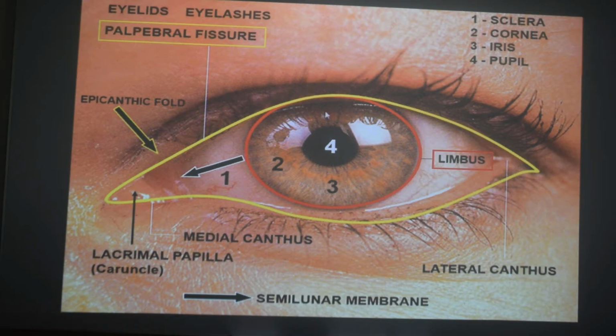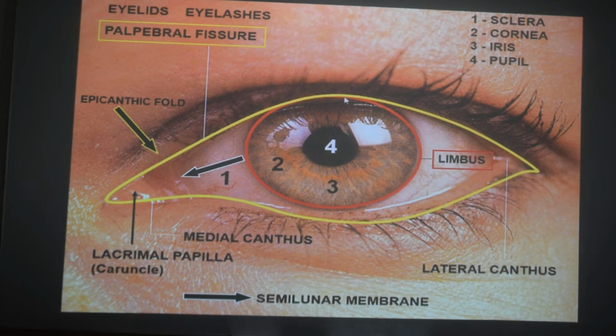Then you have an upper eyelid and you have a lower eyelid, and where these lids are joining on the medial side, it's called the medial canthus, and where the lids are joining on the lateral side, it is called the lateral canthus. So if you hear these terms, medial canthus and lateral canthus, just the junction of the upper and the lower eyelid.